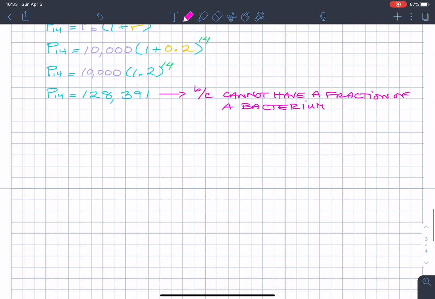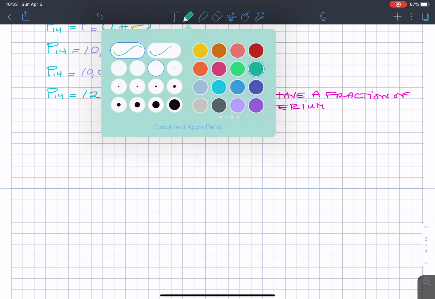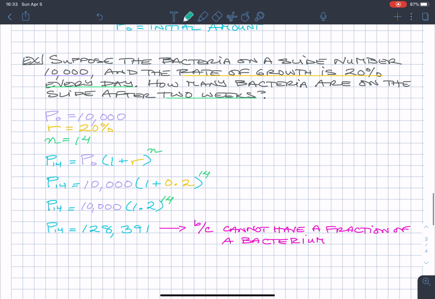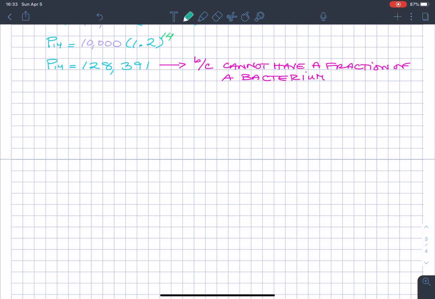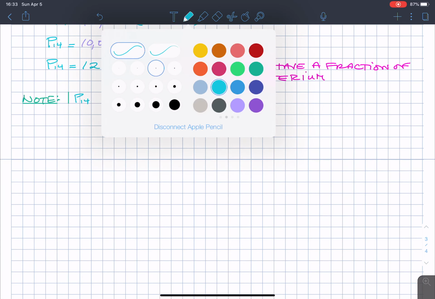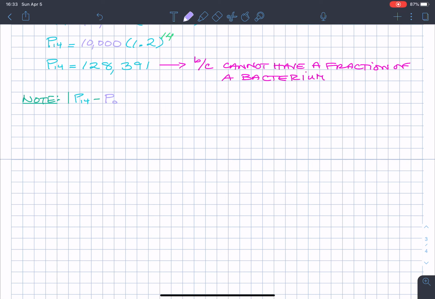Okay, so let's note something. I went from 10,000 to 128,000 in 2 weeks. What is the relative change there? If I did final amount, P sub 14, minus initial amount, P sub 0, all over the initial amount.